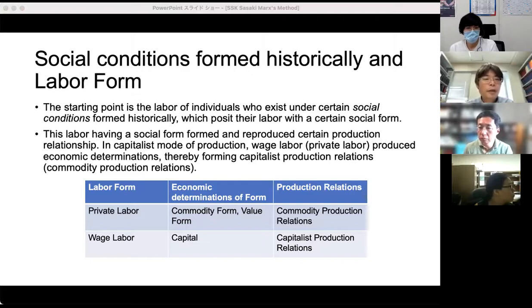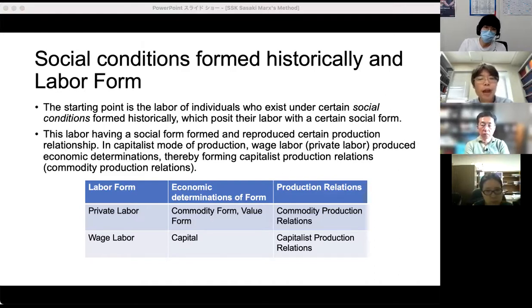In the capitalist mode of production, wage labor or private labor produces economic determination, thereby forming capitalist production relations or commodity production relations. Please see the table on this slide.